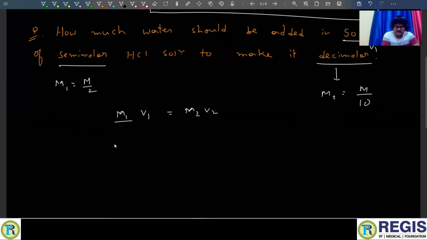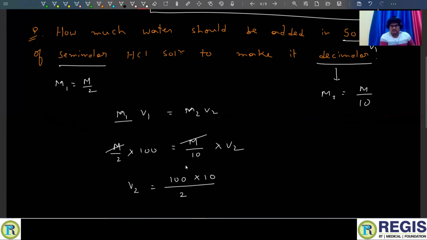So M1 value is basically M by 2 into 500, M2 is M by 10 into V2. Now you should cancel this one. So it becomes 2500 ml.